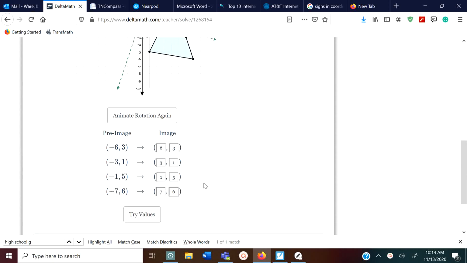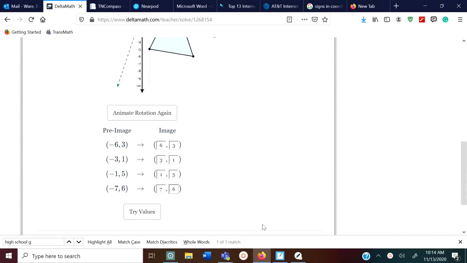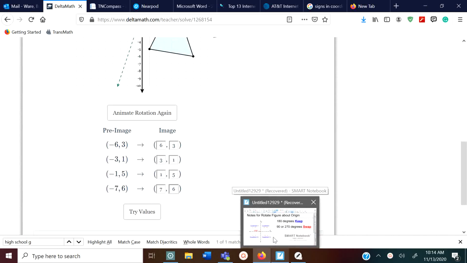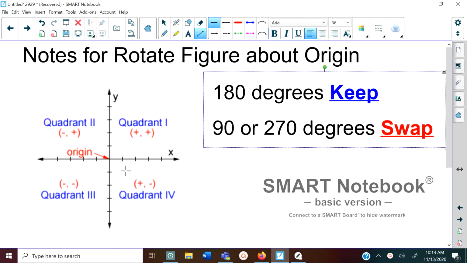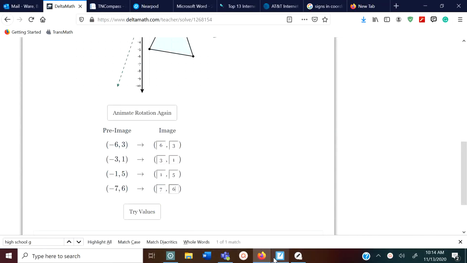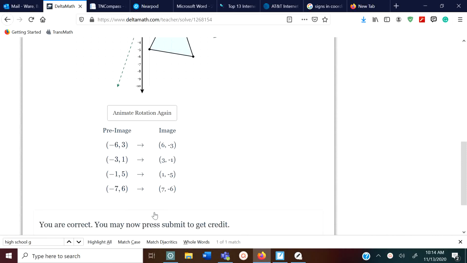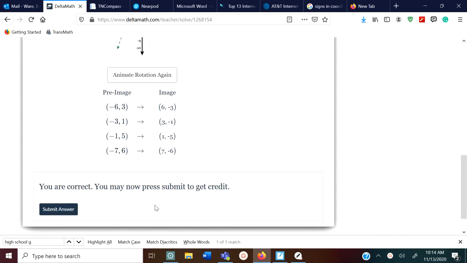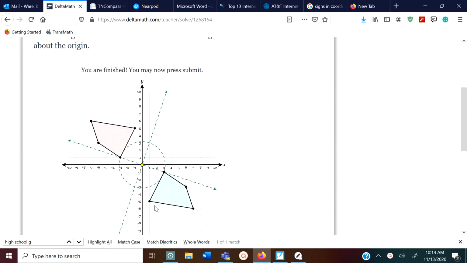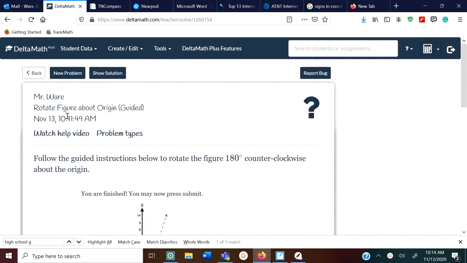We see that it's in this quadrant here, and in that quadrant, we're going to have a positive and a negative. So we're going to put negative on the second number, the y. So that's negative, negative, negative, and negative. Alright, and this is rotating a figure about the origin.